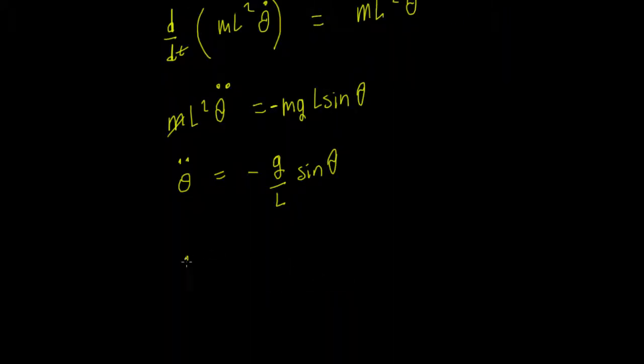So the final differential equation that describes the motion of a pendulum, taking the minus across, is theta double dot plus g upon L sine of theta equals 0.